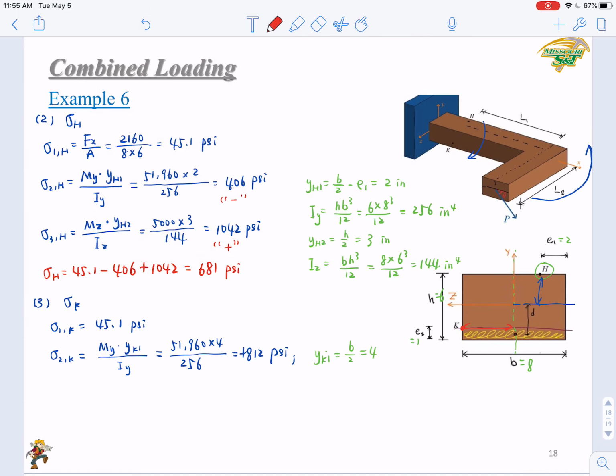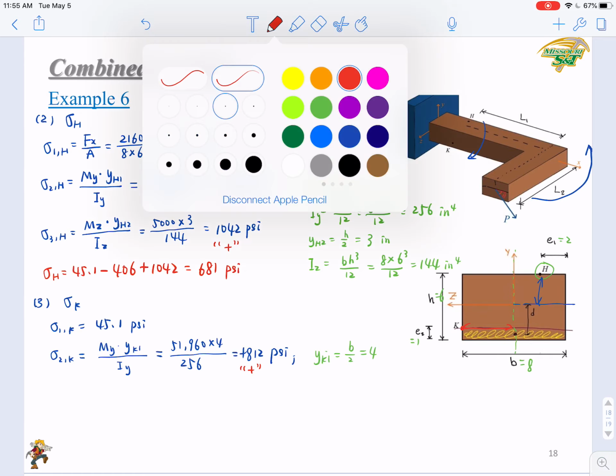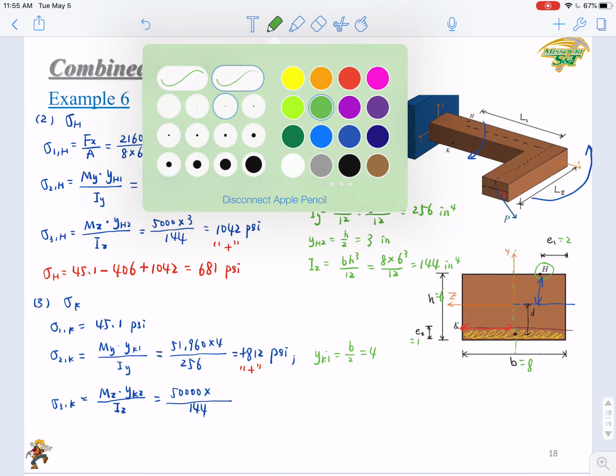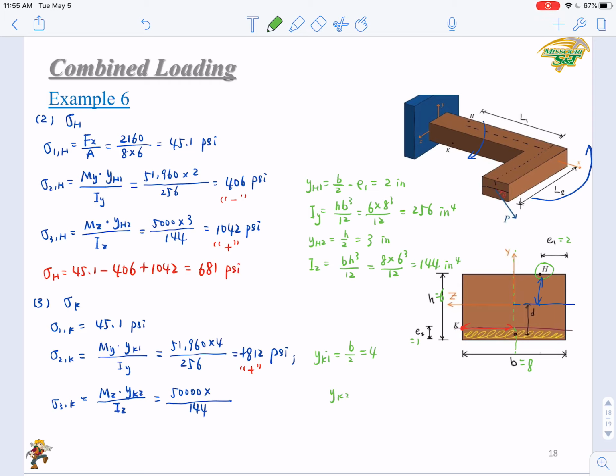Let's use the red color again. This is a positive value. How about this third component at point K? We have Mz YK2 over Iz. Again, the Iz will be the same, 144. It's just what is YK2. K is here, so YK2 is just from K to the y-axis.